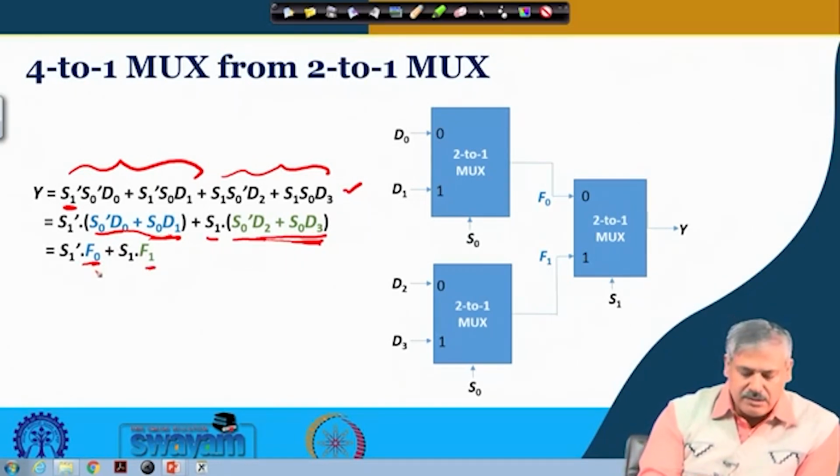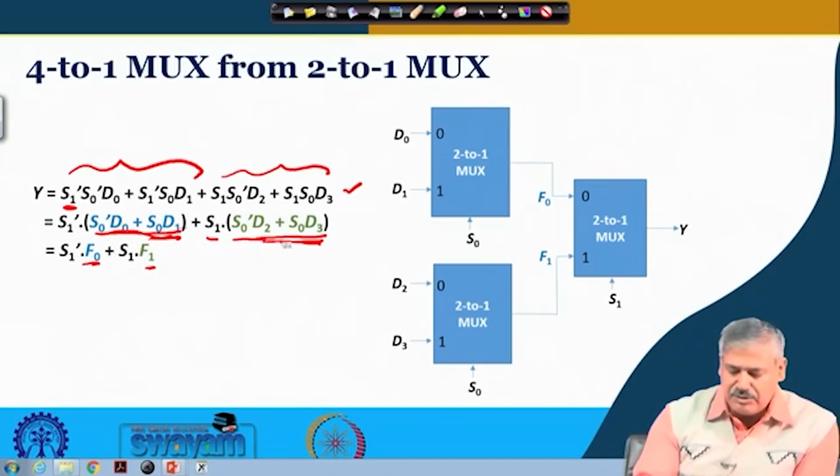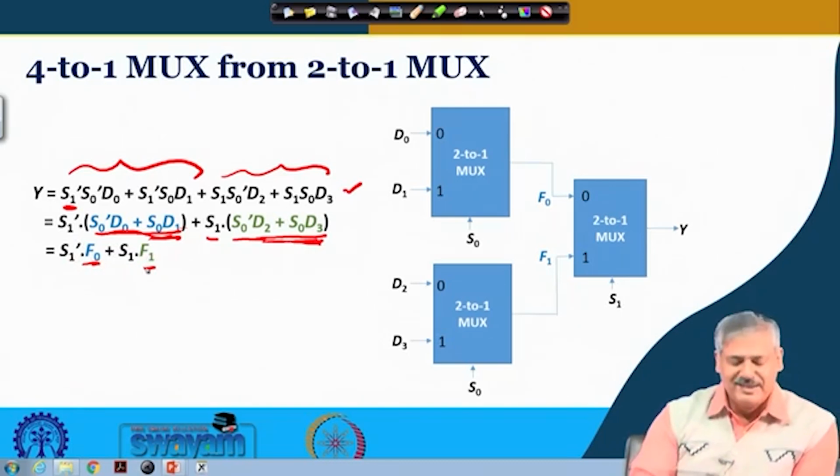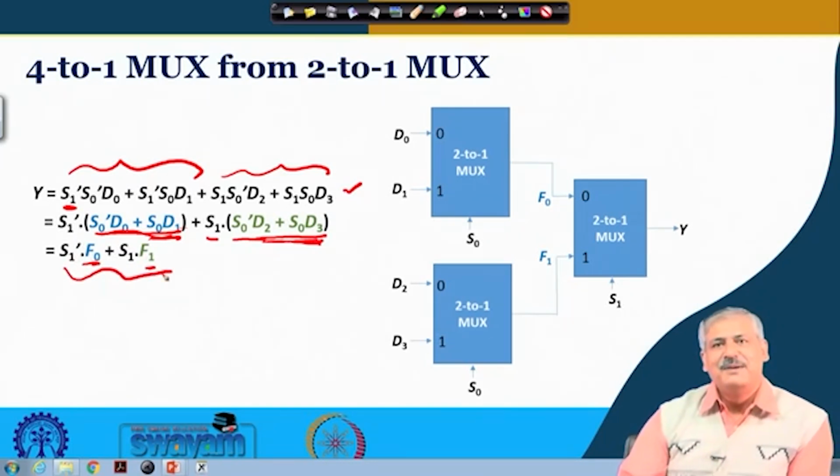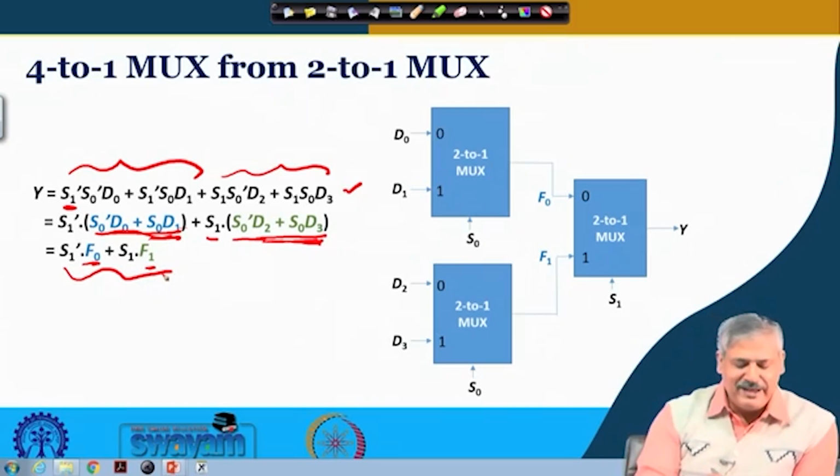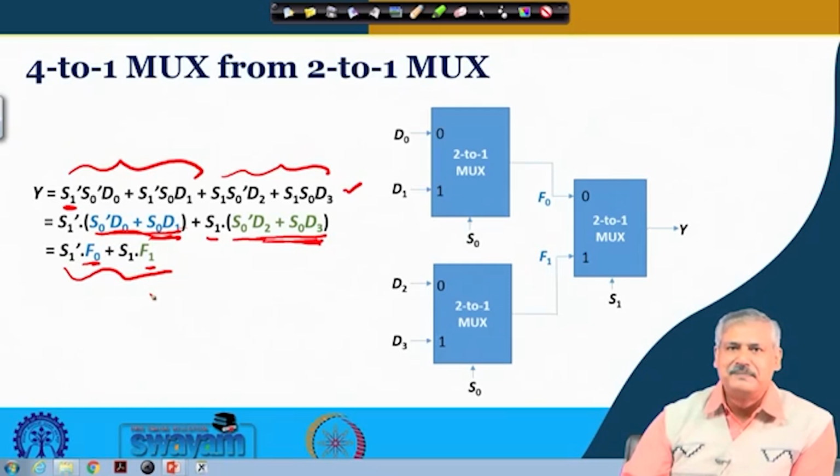And if you write this function as F0 and this one as F1, you have S1 prime F0 and S1 F1. This again is a 2 to 1 multiplexer equation where F0 is your D0 and F1 is your D1, the basic equation if you remember.